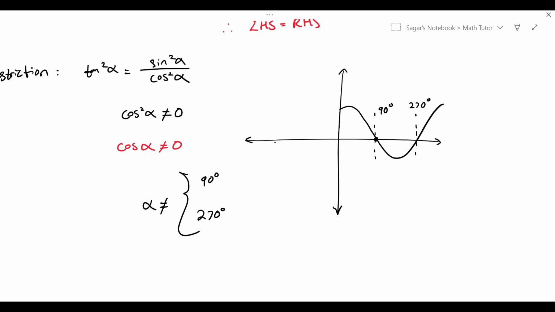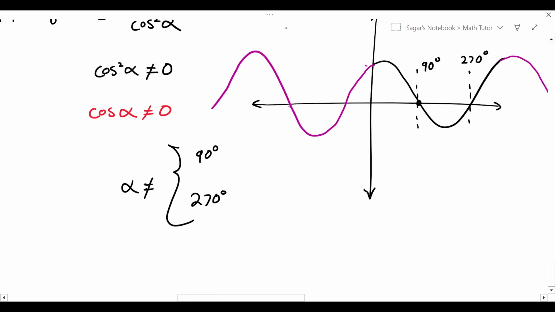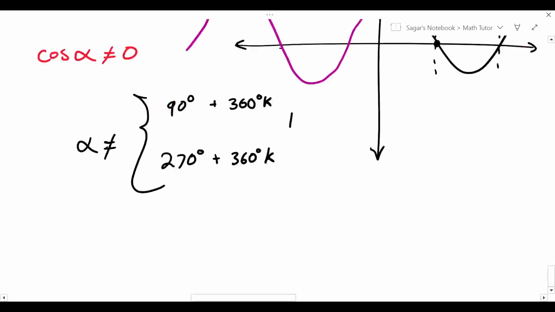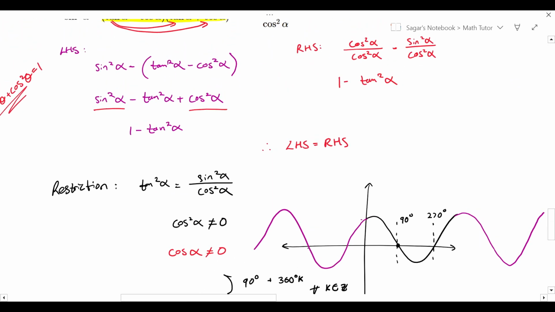The important thing to note is the cos graph goes in the positive direction to infinity and in the negative direction. So we need to include the general solution. So plus 360 multiplied by k, for k an element of integers. And that's our full solution.